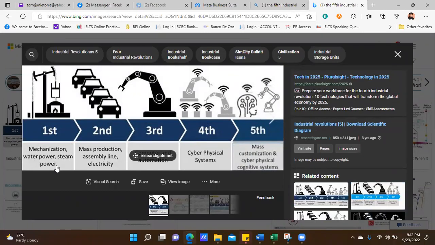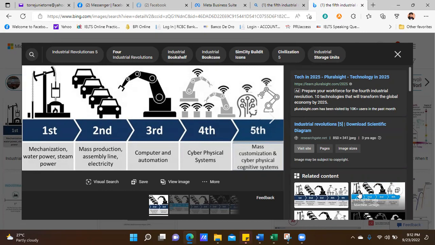The first one is mechanization, water power, steam. Second is the assembly line. Yan na yung manufacturing, guys. Factories, factories, factories. The third is computer and automation. Cyber physical systems.